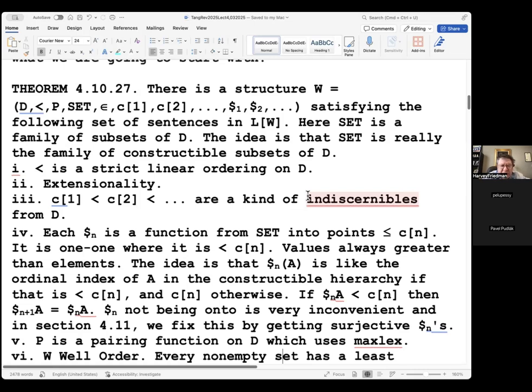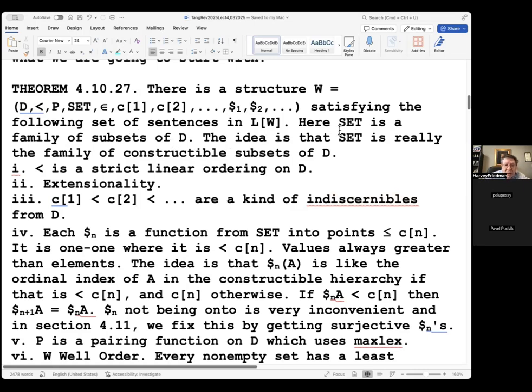I want this to be satisfying a set of sentences in L of W. I don't insist that C1, C2, dot dot dot are unbounded, because that wouldn't be a sentence. We don't need that it's unbounded in D. So this is all some first order theory.